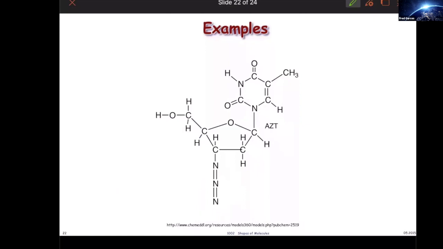There are many central atoms on carbon on this particular chemical. You see how I drew the hydrogen here? I didn't have to do that, but I did.